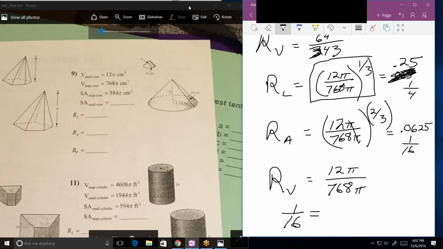It would be x over 384. 384 pi. Don't forget the pi. You probably lose points if you left the pi out. In other words, x is going to be in terms of pi also. But basically, you're going to take 384 pi divided by 16. That's what x is going to be.